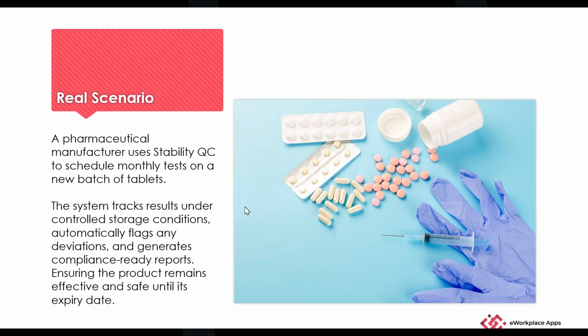So the real life scenario is we make some pharmaceutical items, we send some bills, and we put those aside, and we decide that we want that bottle to be tested monthly. And they want to track all the information around that particular item. Maybe they do it monthly, yearly, every 6 months.